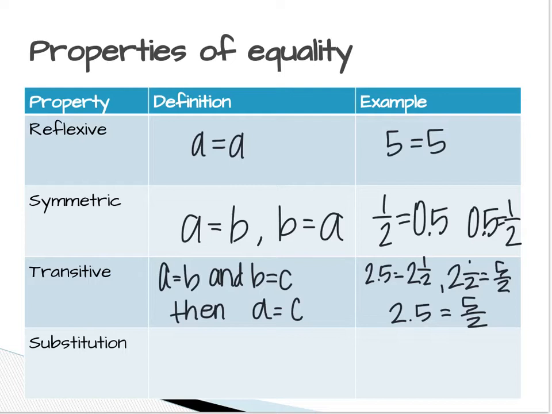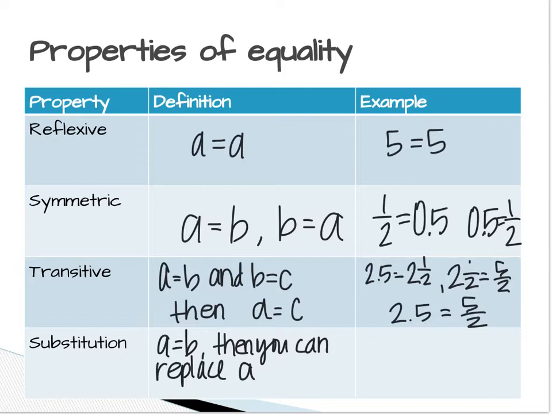Substitution says that if A equals B, then you can replace A with B, and vice versa, which means the other way around.